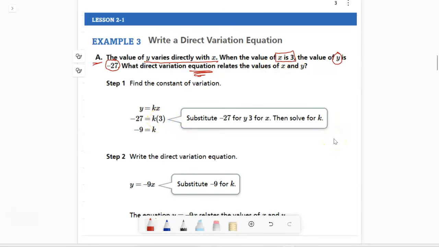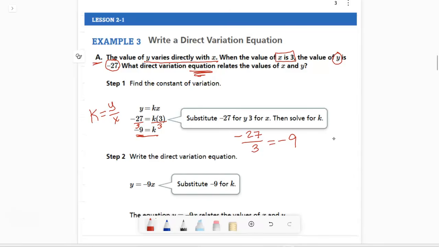Then what did they do? They went ahead and divided by 3 on both sides, right? Because k equals the y divided by the x. So they had negative 27 over 3, which gave them negative 9. That's how they got the negative 9 right here. So now it's telling me that k equals negative 9.